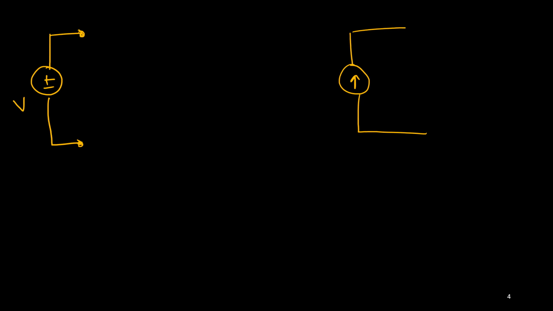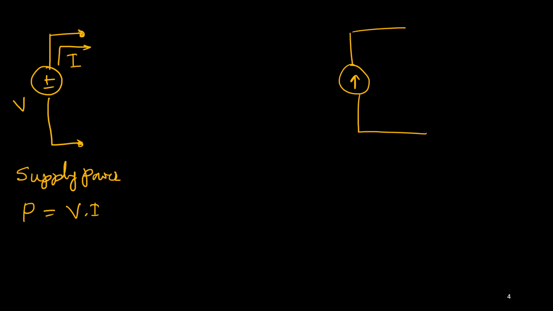Okay, it depends on other circuit parameters, and highly likely that current is supplied by the source. So if current is leaving from this positive terminal, this I, then this voltage source will supply power. Okay, and that power supply value will be simply V times I.